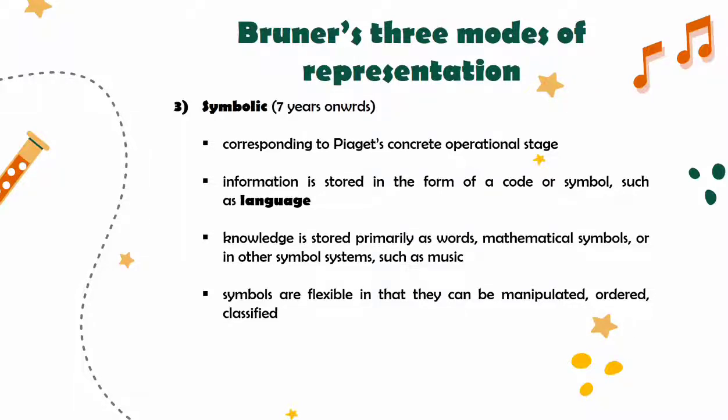In the symbolic stage, knowledge is stored primarily as words, mathematical symbols, or in other symbol systems such as music. Symbols are also flexible in that they can be manipulated, ordered, classified, so that the learner isn't constrained by actions or images, which have a fixed relation to that which they represent.